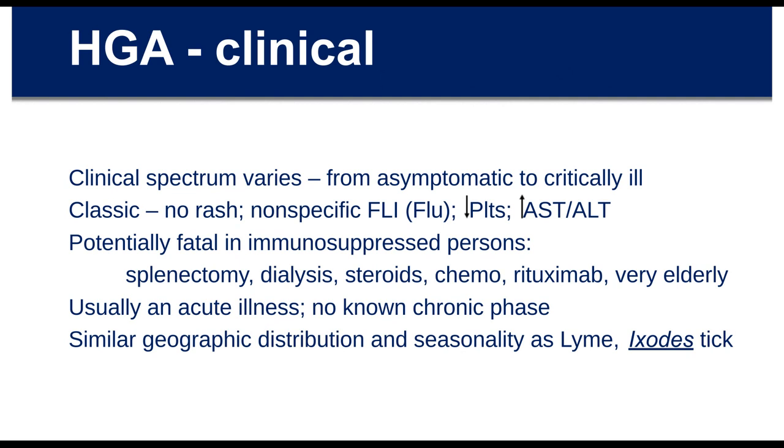Not all patients have the elevations in transaminases, but it's a very important clue. A lot of people get sick with this and get better. But if you are frail or immunosuppressed or on dialysis or have a splenectomy, it is potentially a fatal disease. There are lots of fatalities from this disease in frail patients.